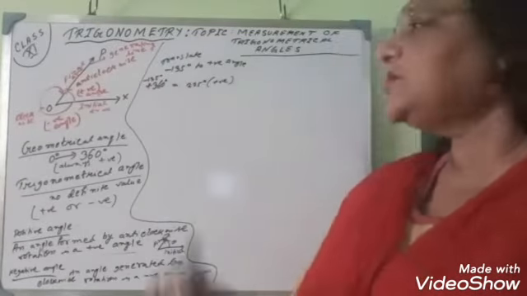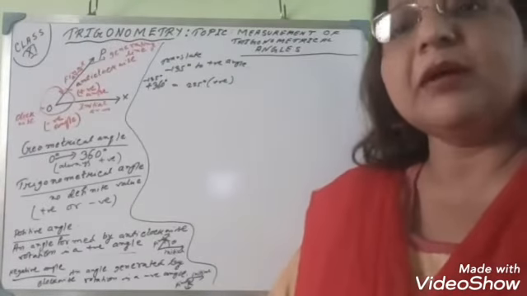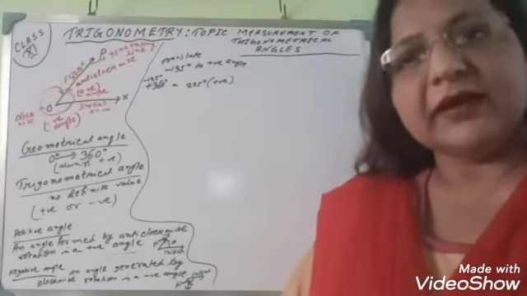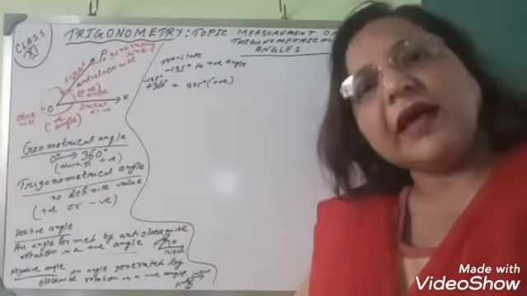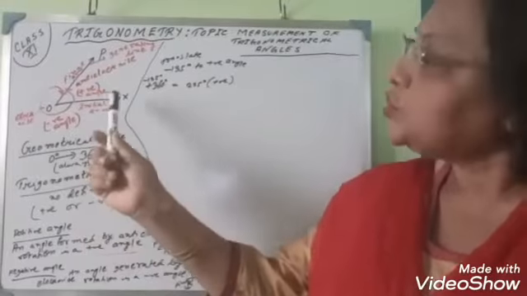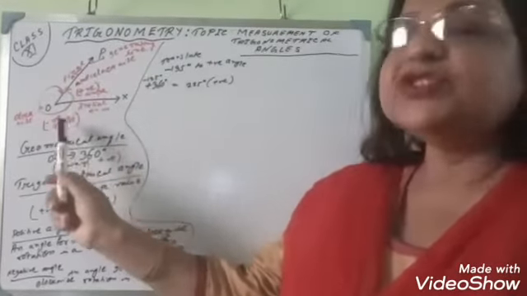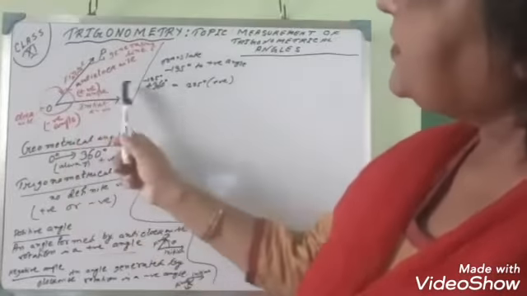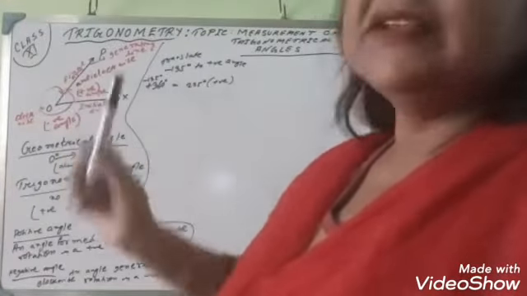Before starting trigonometrical angles, let me say something about geometrical angles. What is the difference between a geometrical angle and a trigonometrical angle? When two lines, say OX and OP, meet at one point, then one angle is formed.